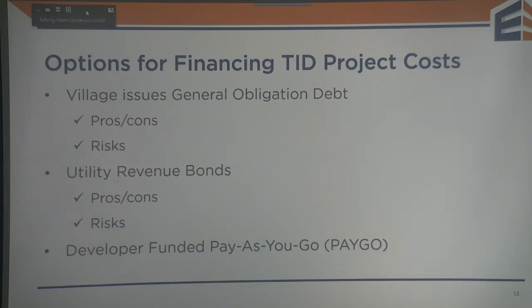There are pros and cons of that, and there's risk associated with doing that. The pro of issuing general obligation debt is that it's the cheapest way, other than using cash on hand perhaps, to finance capital improvements. The reason is you're pledging an irrepealable property tax to make that payment.